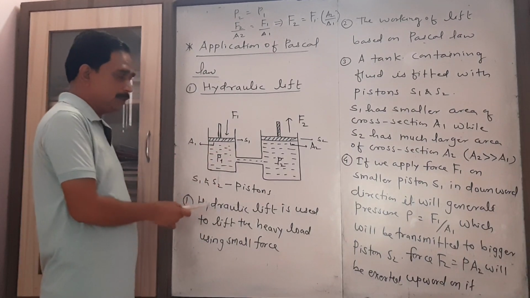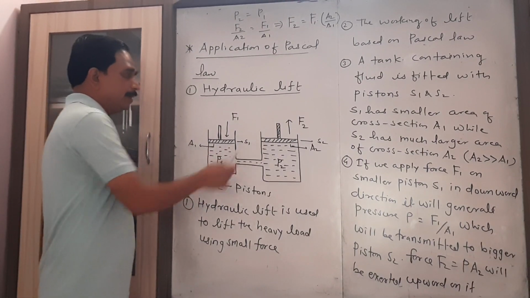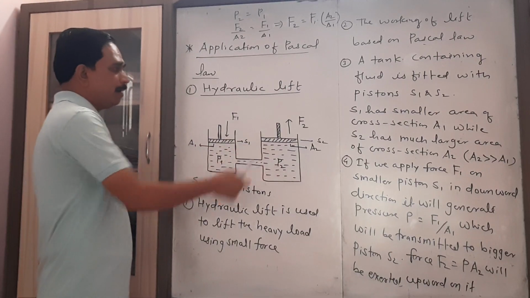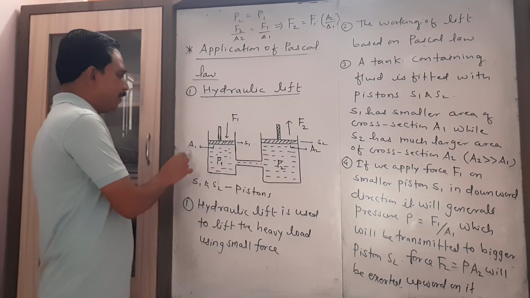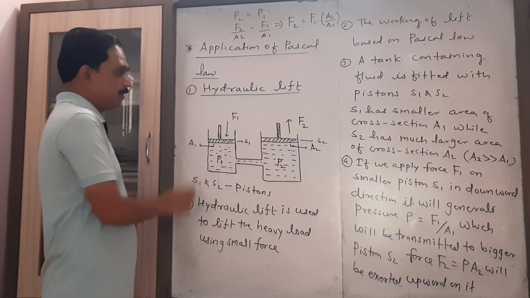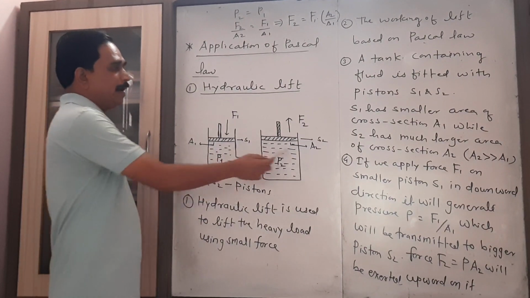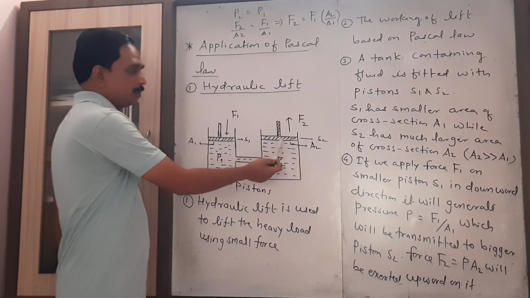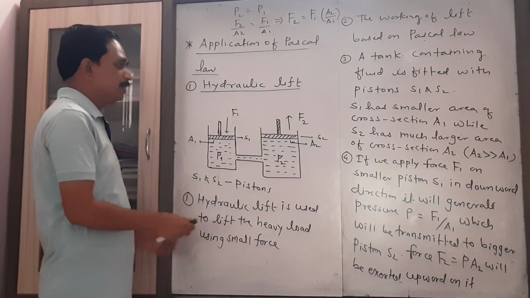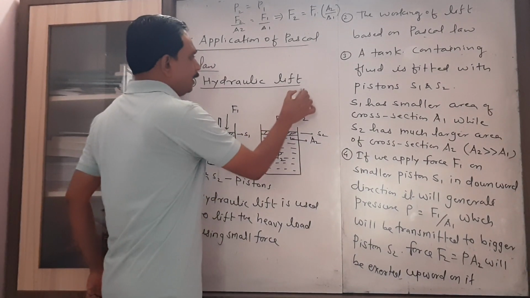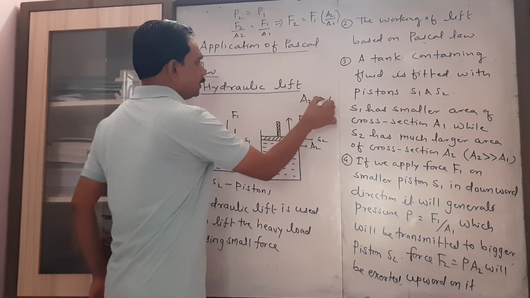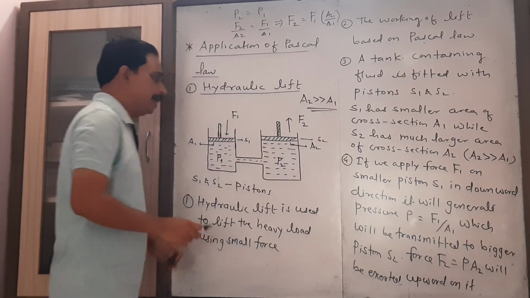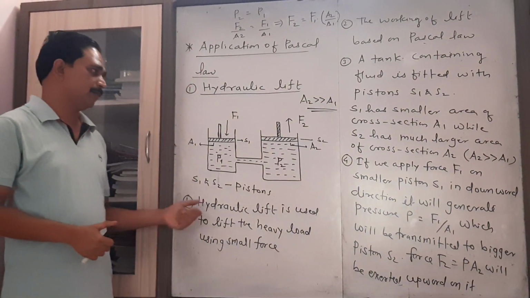These two pistons have unequal areas of cross section: A1 is the area of cross section of the first piston S1, and A2 is the area of cross section of the second piston, in such a way that the area of the second piston is very much greater than the area of the first piston.